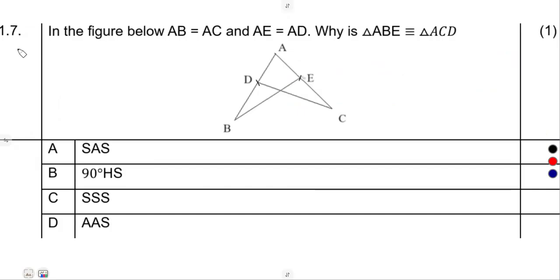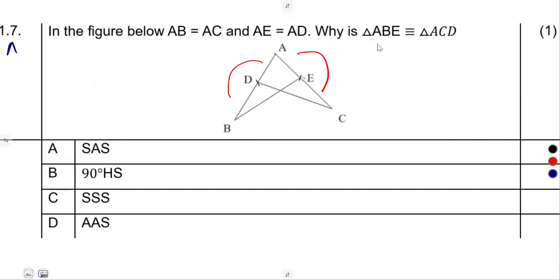All right, let's consider 1.7. In the figure below, we are told that AB is equal to AC. These two sides are equal. And also, AE is equal to AD, meaning to say, thus AE and AD, they're equal. The bigger one from A to B, from A to C, they're equal.